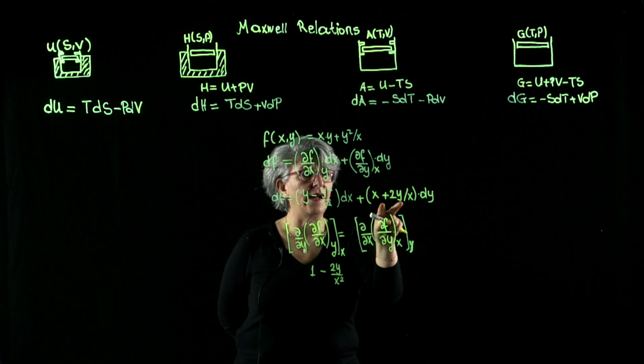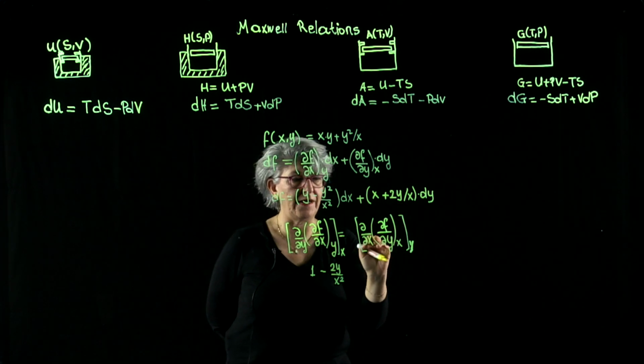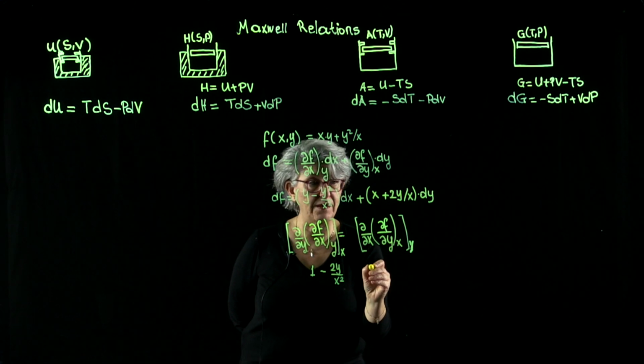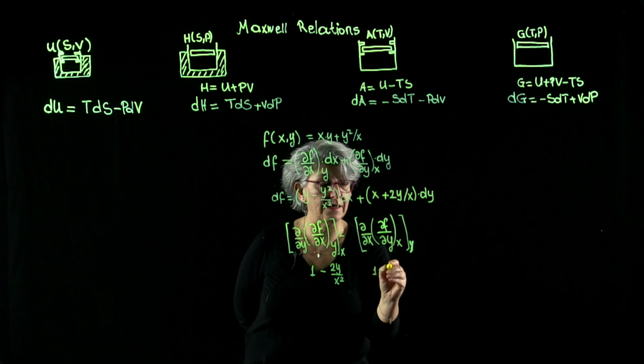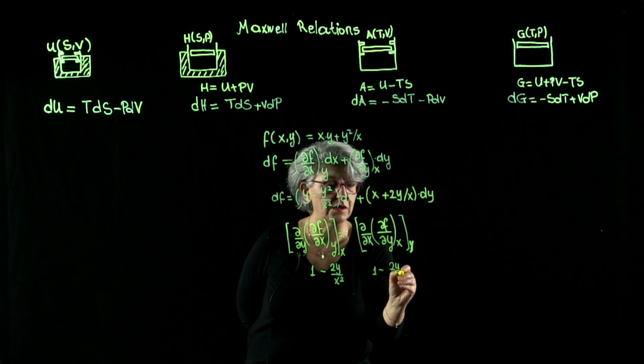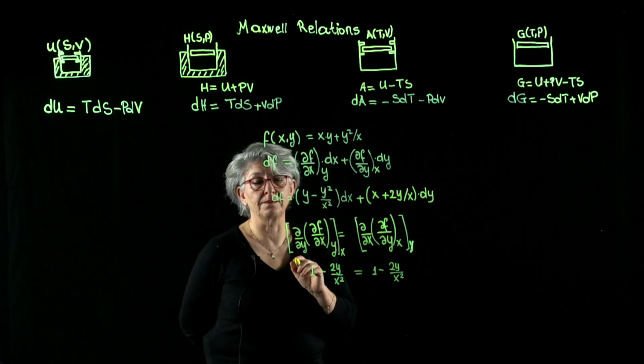All right? And now I'm going to take the x derivative here. All right? Let me see if it is going to come equal. So it is going to be 1 minus 2y over x squared. All right?